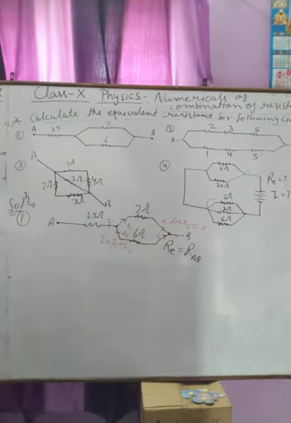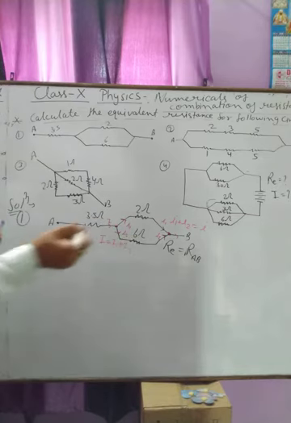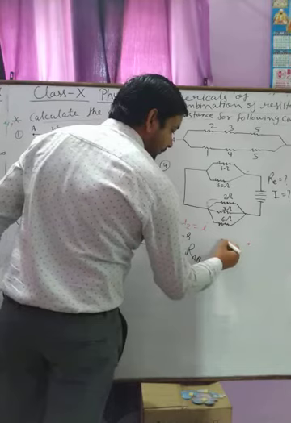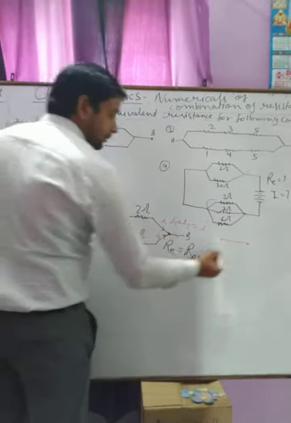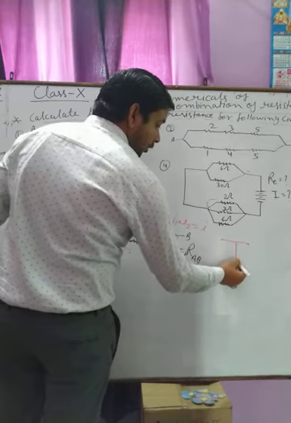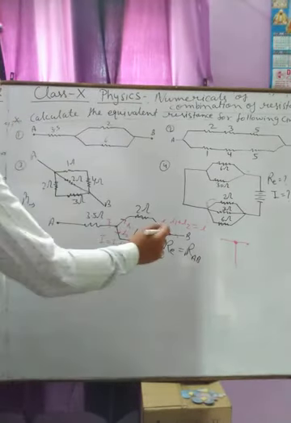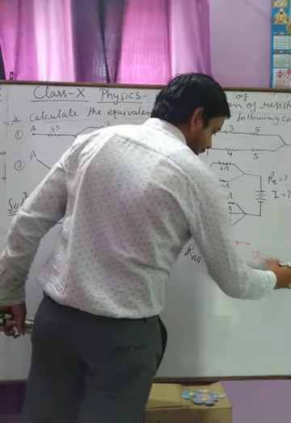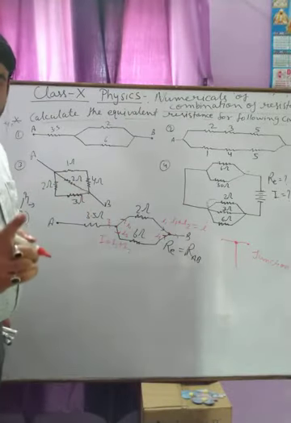That is, here is a parallel combination. I have also explained this to you earlier. If we have a segment or wire, and if you observe this T point, this is called a junction point. At a junction the current will divide.